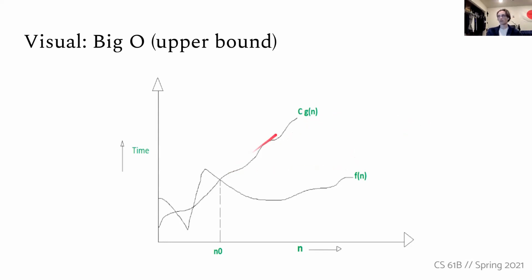So this is the upper bound case. And the main idea behind this is when we're running our program f of n, this is really helpful to say that our program is never going to take longer than some function g of n. So we'll say that as time goes on, our worst case scenario for the program is running in g of n time.